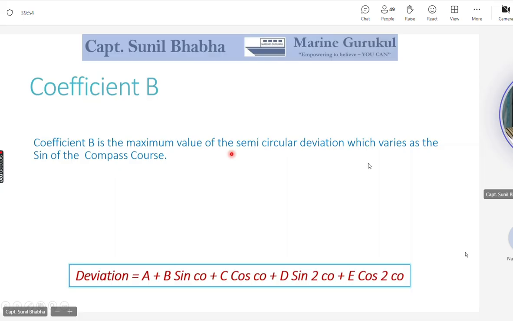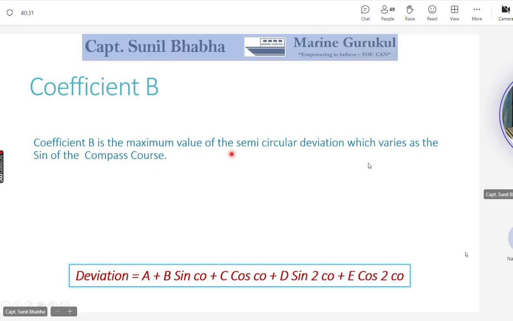If a deviation carries the same name over the entire 360 degrees, if it is east and it remains east for the vessel heading on the entire 360 degrees, it is called a circular deviation. A deviation which is of one single name for a semicircle, that is 180 degrees, and in the other semicircle, the remaining 180 degrees, it gets the opposite name, is called a semicircular deviation.